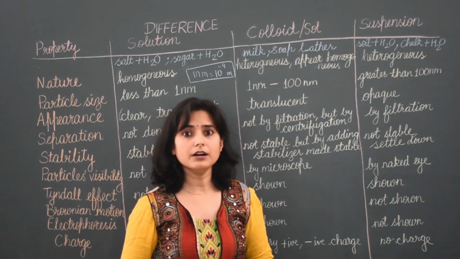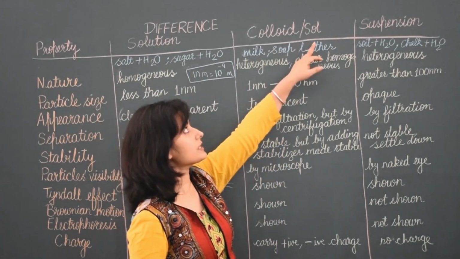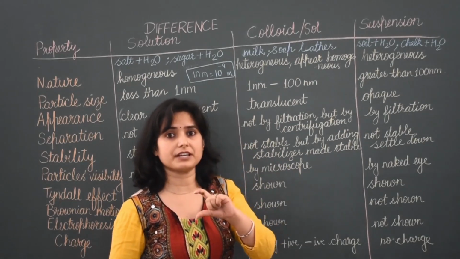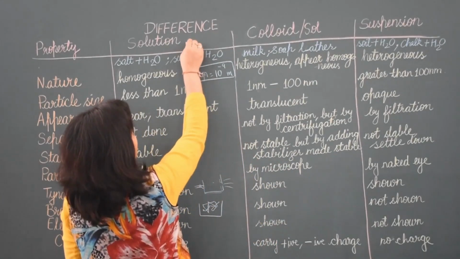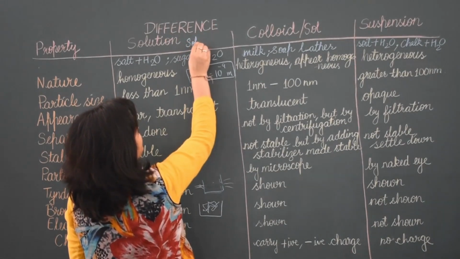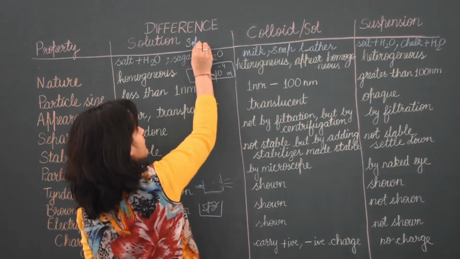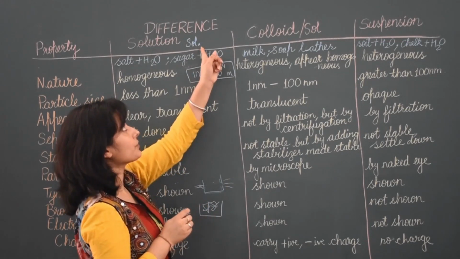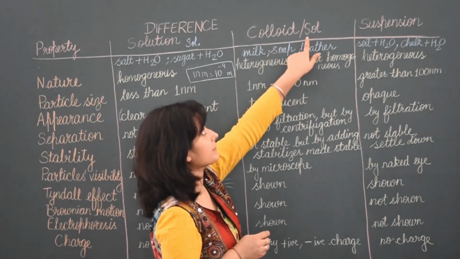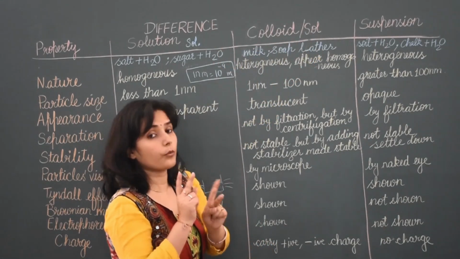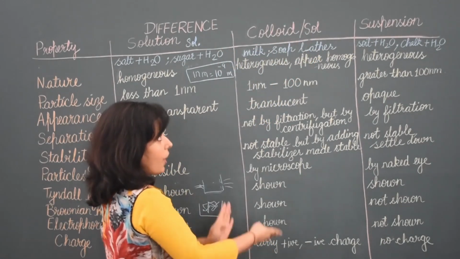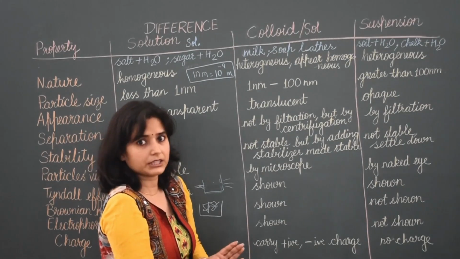What is colloid? Colloid is also known as a sol. Now see the difference. When I told you to write solution, you have to put a dot after SOL. This dot is compulsory. If you do not put the dot here, then it will become sol. So sol and solution are different things, and there are a lot of differences between them.